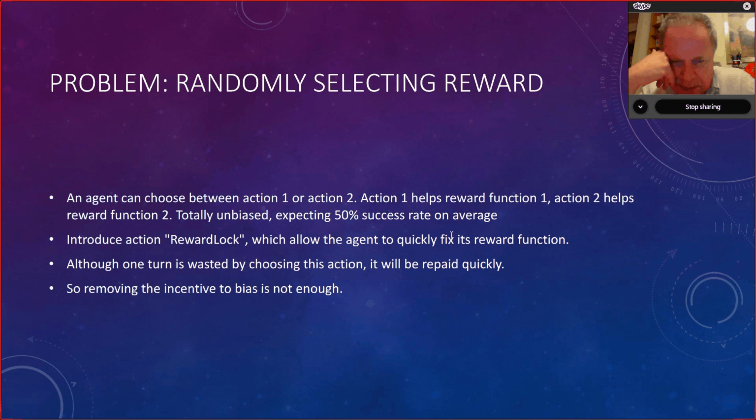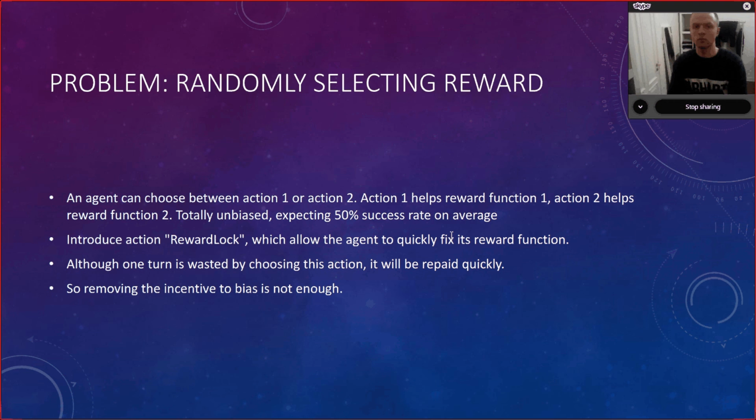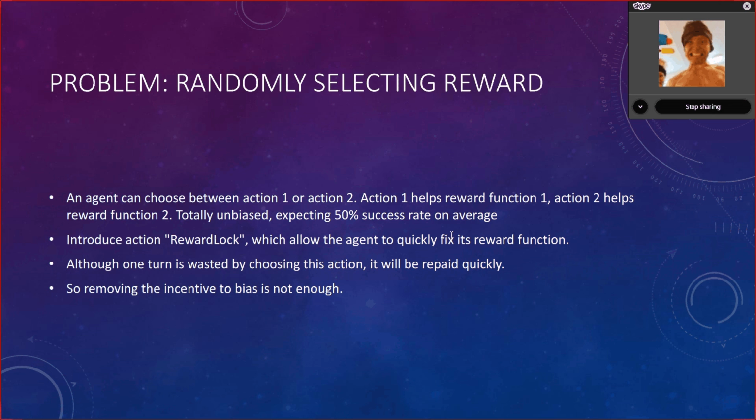And so even though you lose one action by locking your reward, afterwards you'll be able to take only the correct actions according to what you've locked your reward function to.